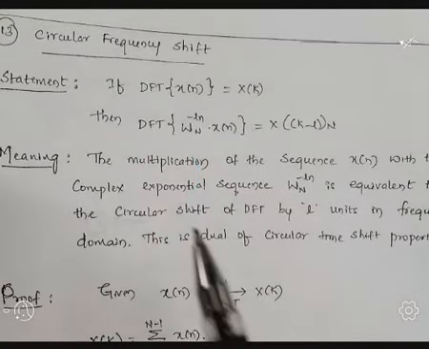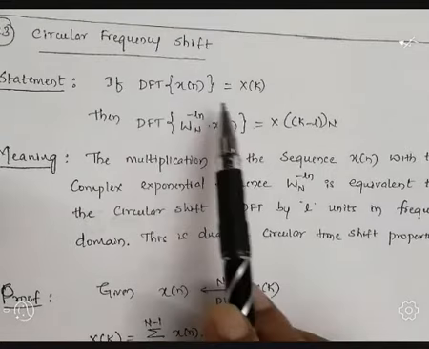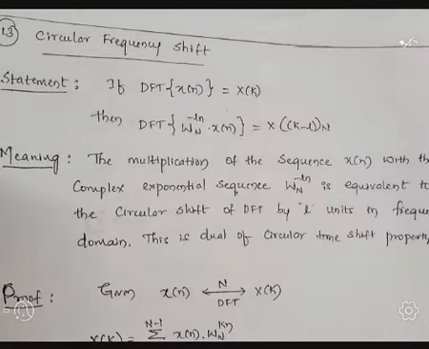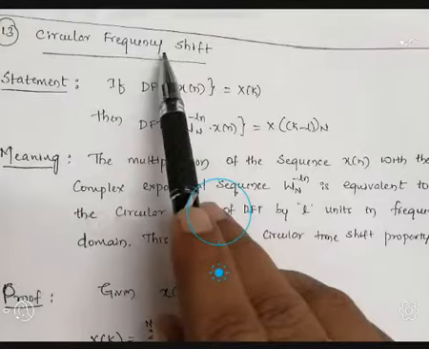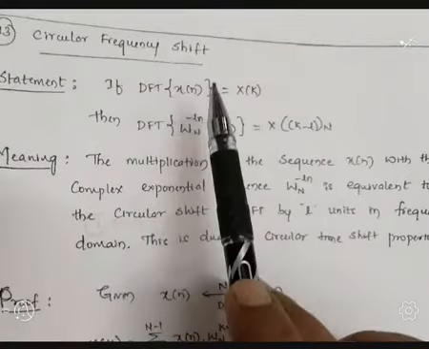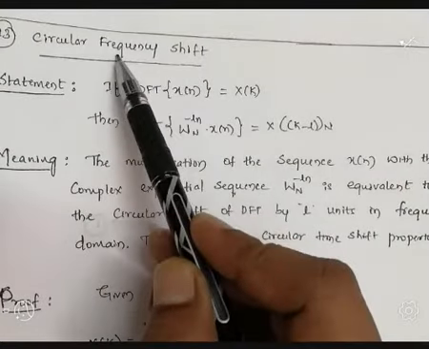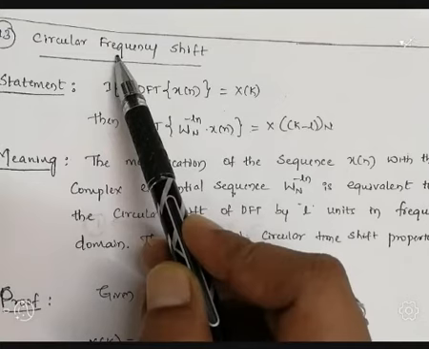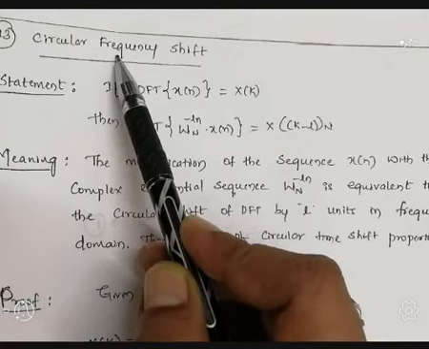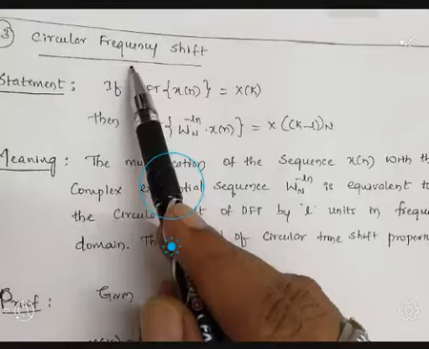The statement is: if DFT of x of n is represented as X of k, then, see what is the title of the topic? Circular frequency shift. So what are we shifting here? The frequency component, which is indicated by k. Time domain is indicated by n. In the previous property, circular time shift, n is shifted. In this case, circular frequency shift means we have to shift the value of k.